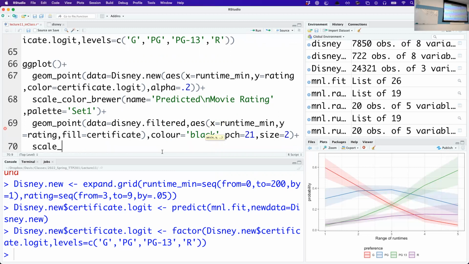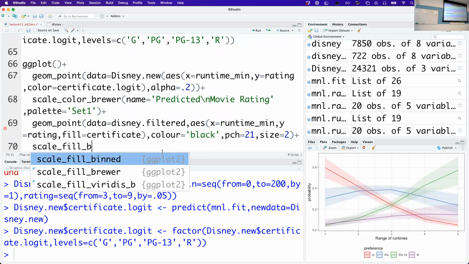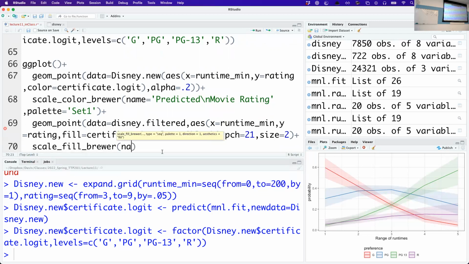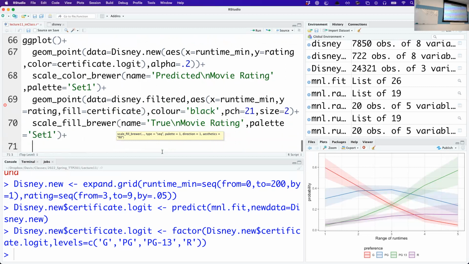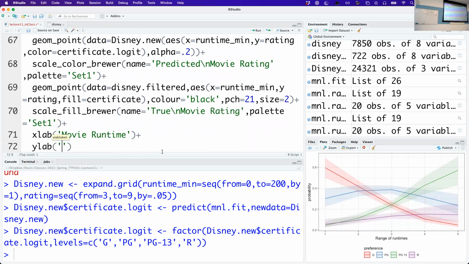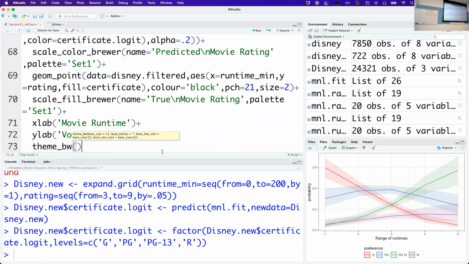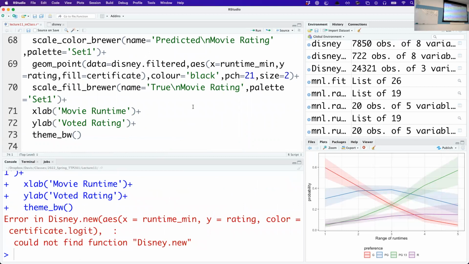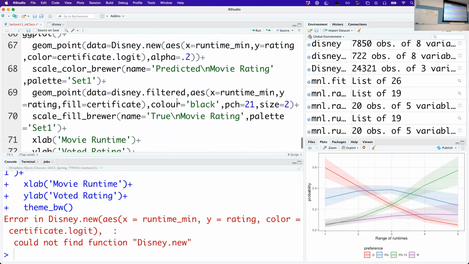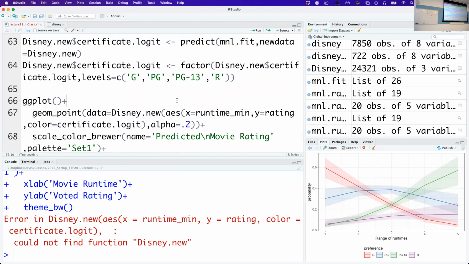That way I can distinguish between my predictions and my original data. Oh. Okay, what happened? Comma, yes, thank you.